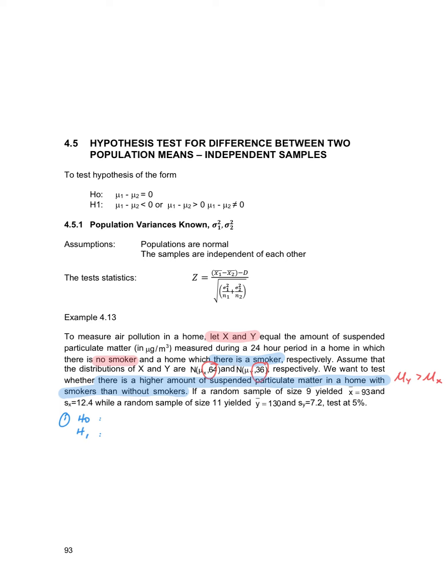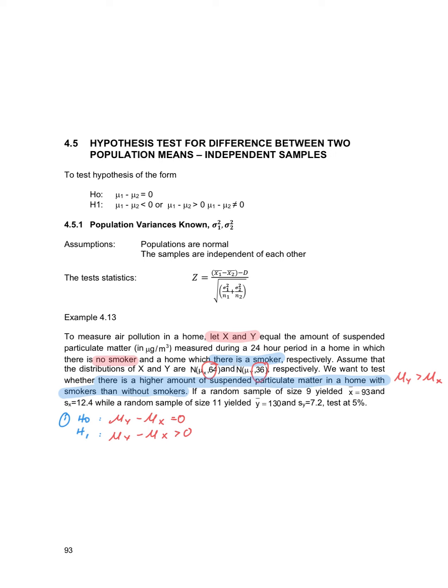As I defined earlier, we want to see a higher amount of suspended particulate matter in a home with a smoker than without a smoker, meaning Y greater than X. So we can write the null hypothesis as mu Y minus mu X equals 0 versus mu Y minus mu X more than 0.